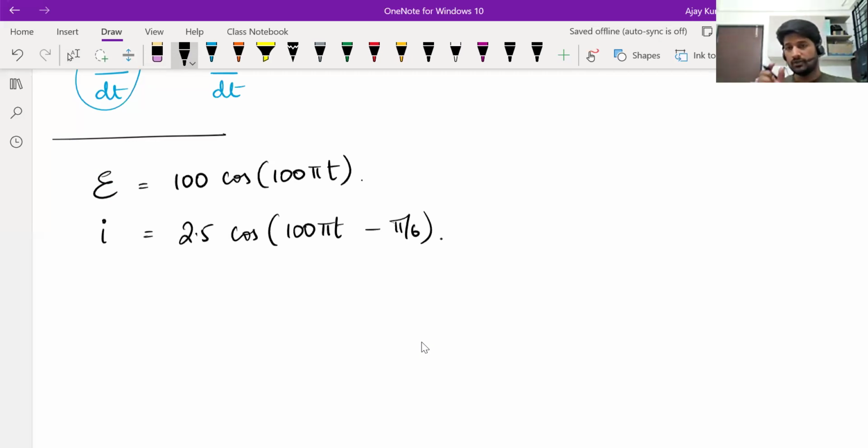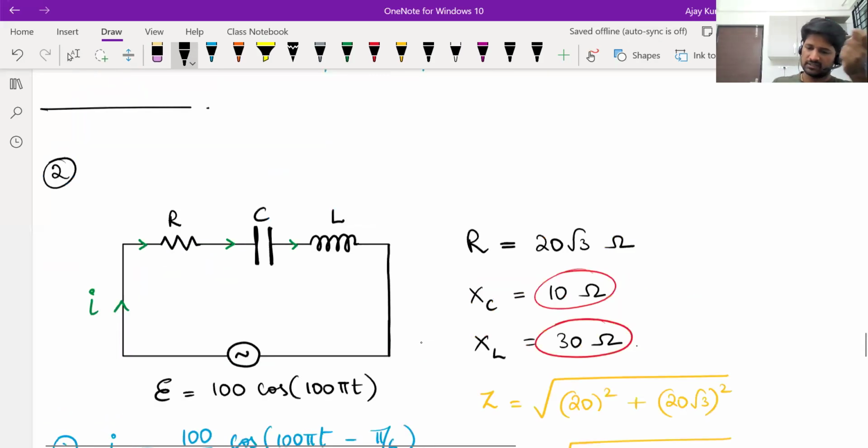Okay. So we know the source voltage and we know the current in the circuit. The same current will be passing through the source also, that AC source that is there. Okay. What I mean is, whatever current passes through the resistor, capacitor, inductor, the same current goes through this alternating EMF source.